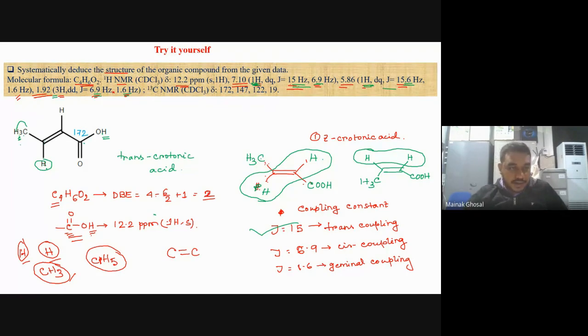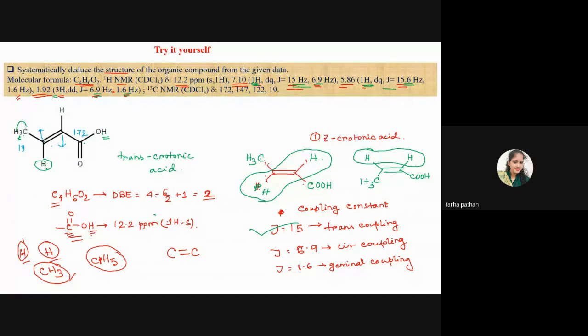Tell me which one will be 147 and which one will be 122. This one will be how much? This one will be how much? 122. Which one, right one or left one? The right one is near the carbonyl carbon.